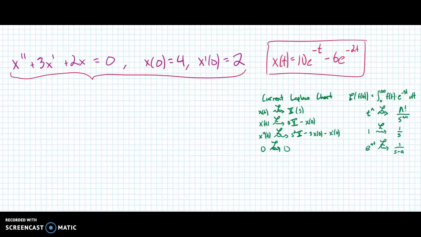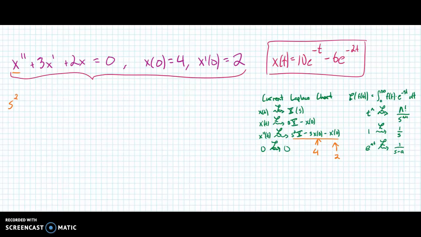x double prime, that is this. Notice this guy is 4. And then this one right here, x prime of 0, is 2. So the Laplace of that x double prime is going to give me s squared.